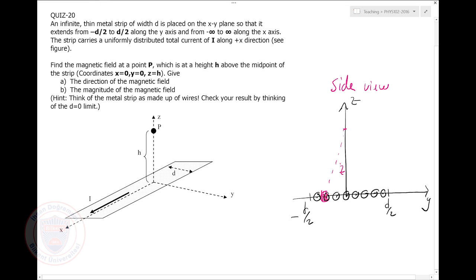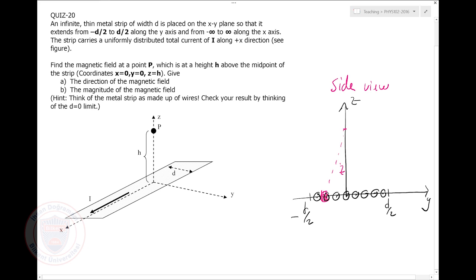Which way is the magnetic field pointing? This is a small wire coming towards me. So it's going to create a magnetic field that's circling counterclockwise, which means the magnetic field will be perpendicular to this dotted line, right? Good. So let's draw that.